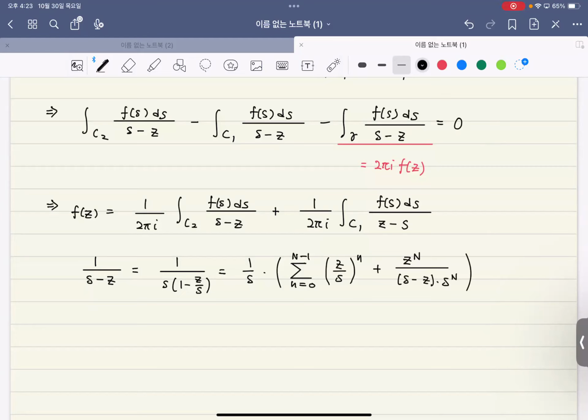Do you remember this? Or if you're not too comfortable with this expression, this is the finite geometric sum, the geometric series.